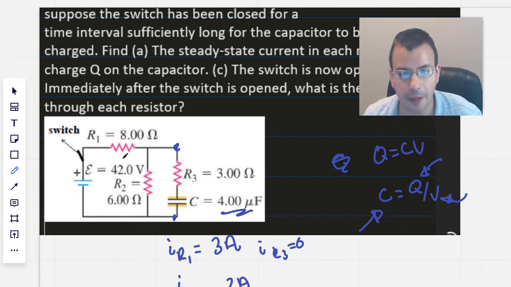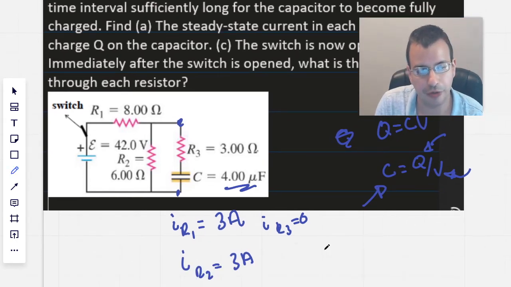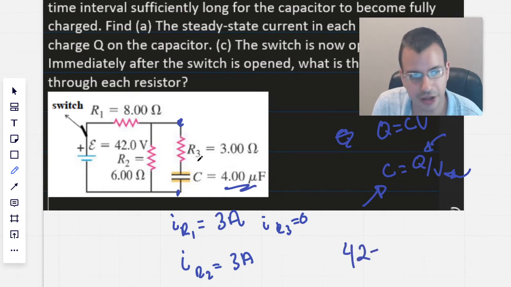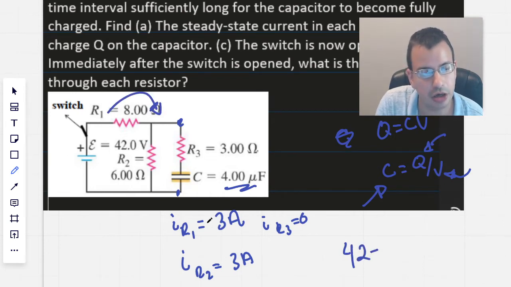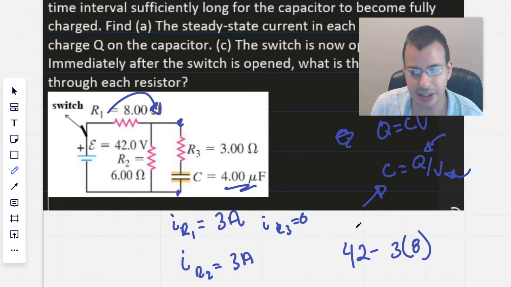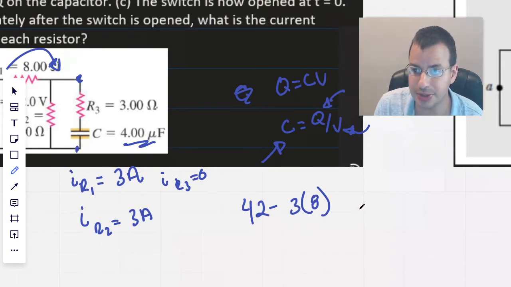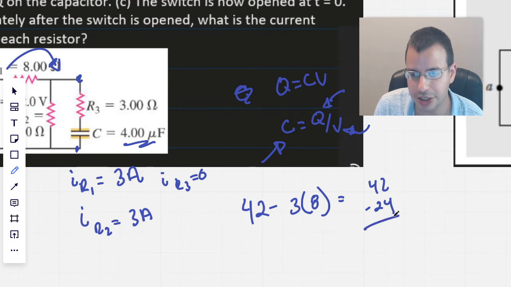Our voltage starts at 42, and then the voltage drop across here is V minus IR. I is 3 amps times R, which is 8 ohms, so we have 42 minus 3 times 8, which is 24. 42 minus 24, I know, terrible notation, but such is life.